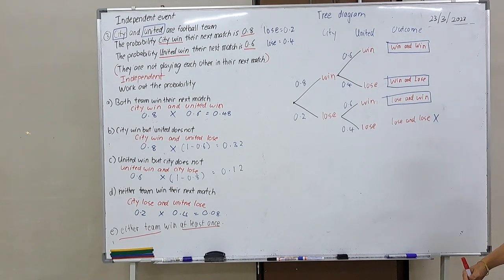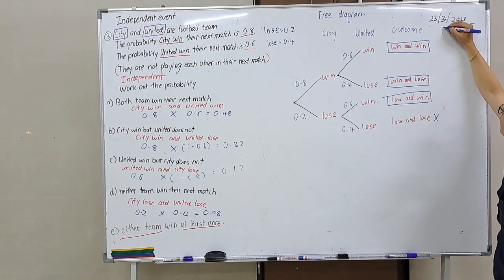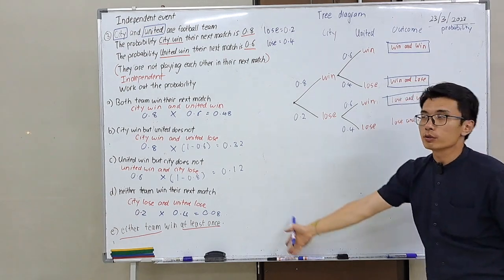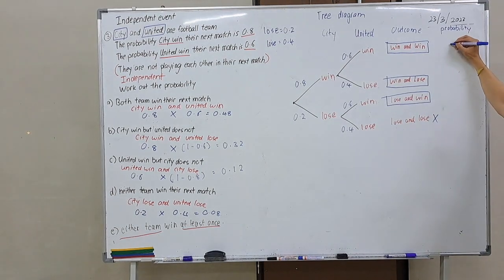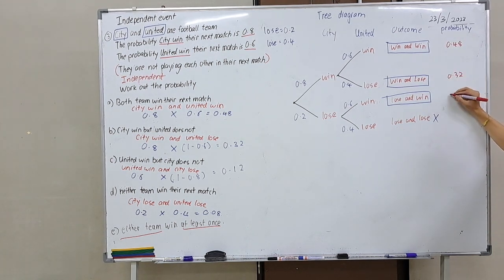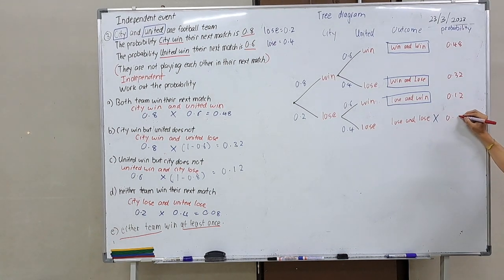So what are we going to do? Before I show you, I'm going to write down the probabilities we have already calculated first. This is going to be 0.48, 0.32, 0.12, and this one is 0.08.